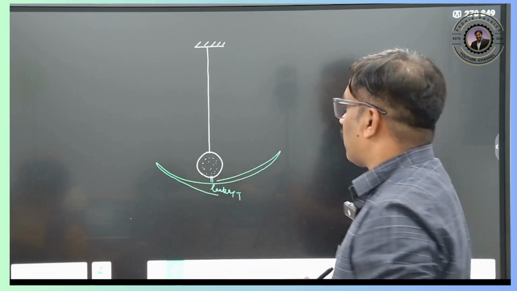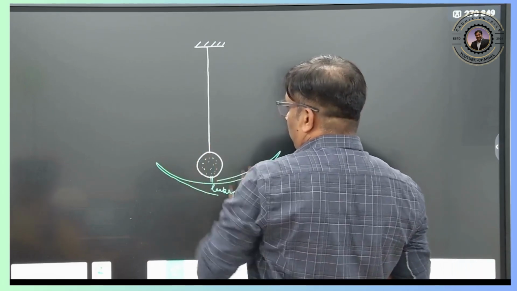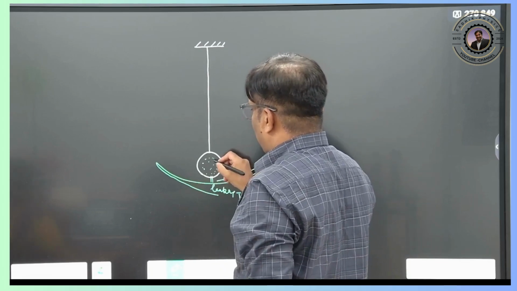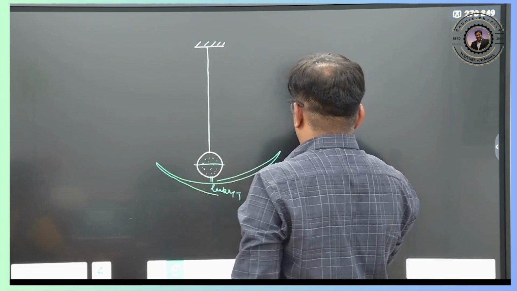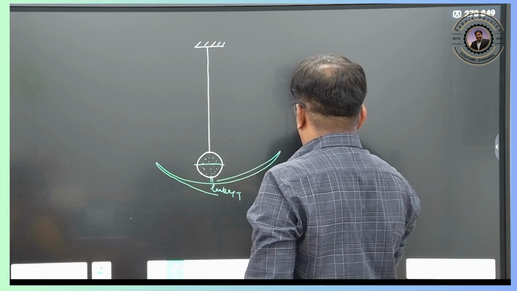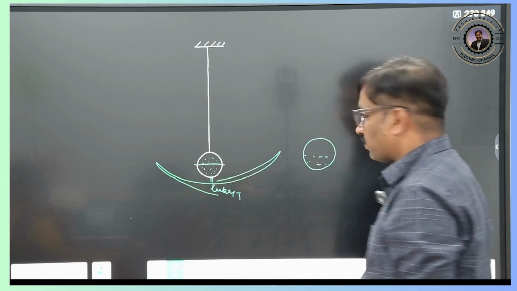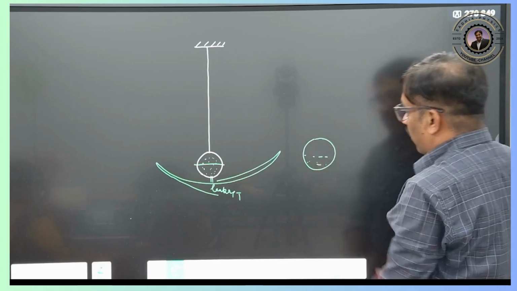But here, when it is full of water, the center of gravity will be exactly at the midpoint. Suppose half of the water has flown down.